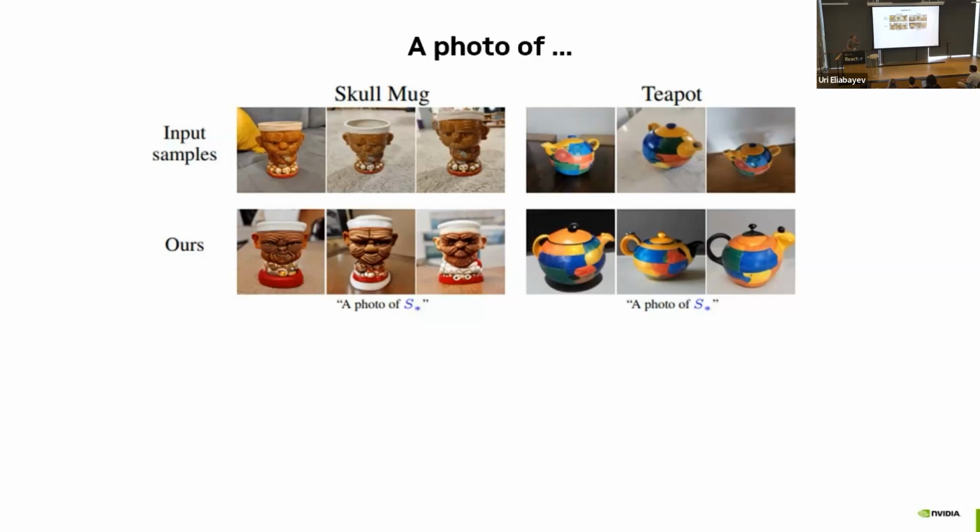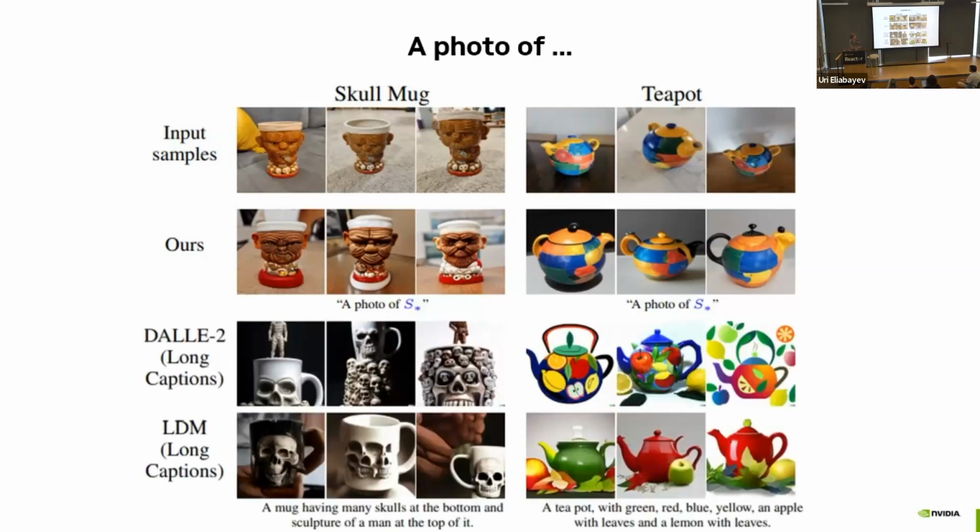And of course, if you just ask people to describe the teapot in language, and then you use standard text to image models, you can see this is a bit older work, this was with DALL-E 2 and LDM, but whatever model you use, you're going to get something that's not visually similar to the specific object that you have, because text and language are just not rich enough to describe the particular appearance of a visual object.